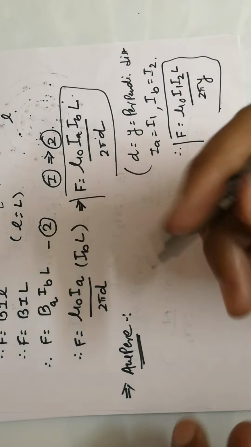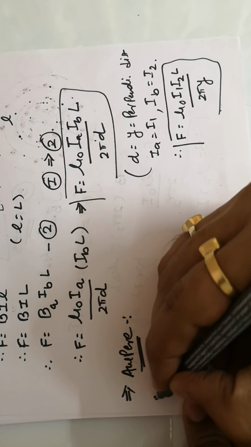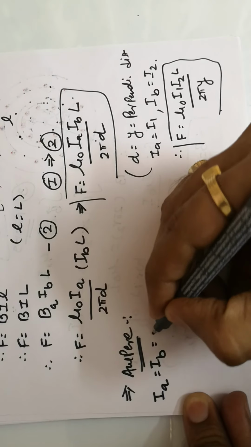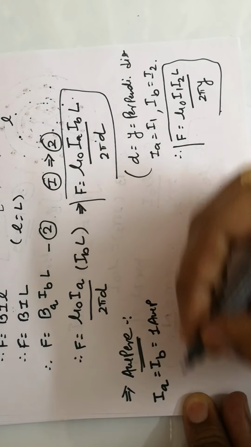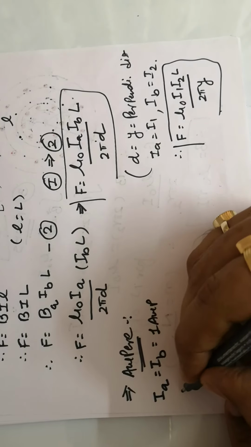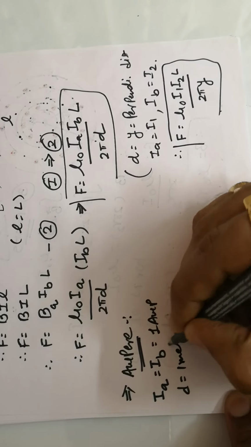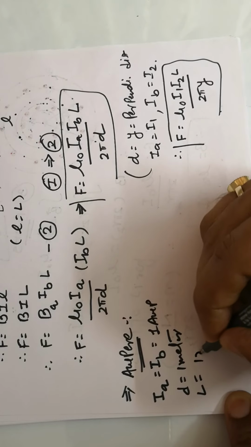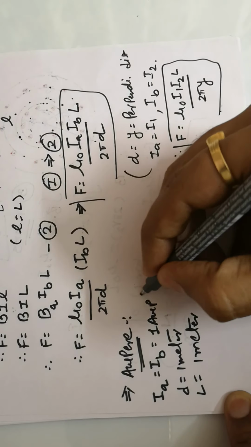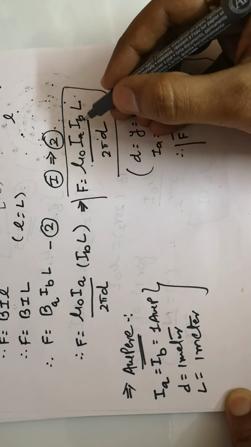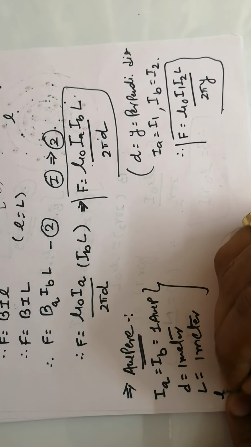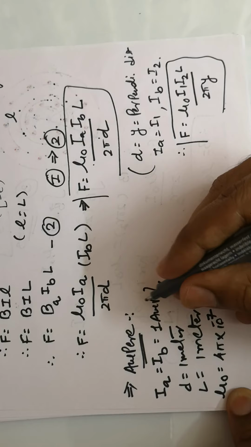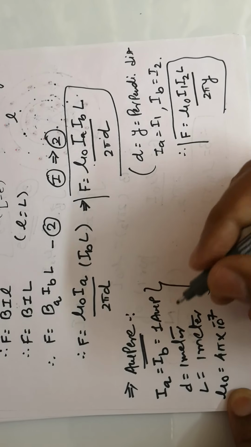Let's say initially I am assuming that the current passing through both wires is 1 ampere, the perpendicular distance d is 1 meter, and the length of wire is also 1 meter. You are aware of the formula: mu 0 is 4 pi cross 10 to the power minus 7. All those units are in SI.